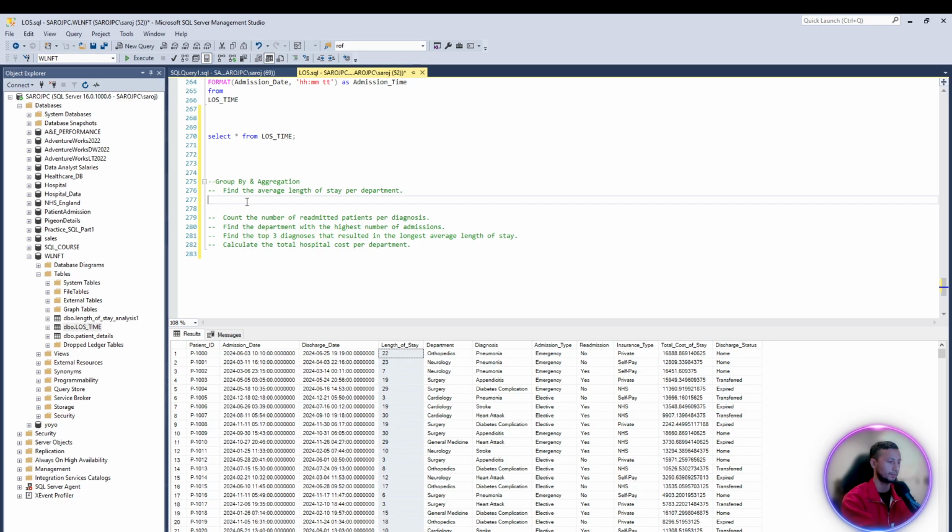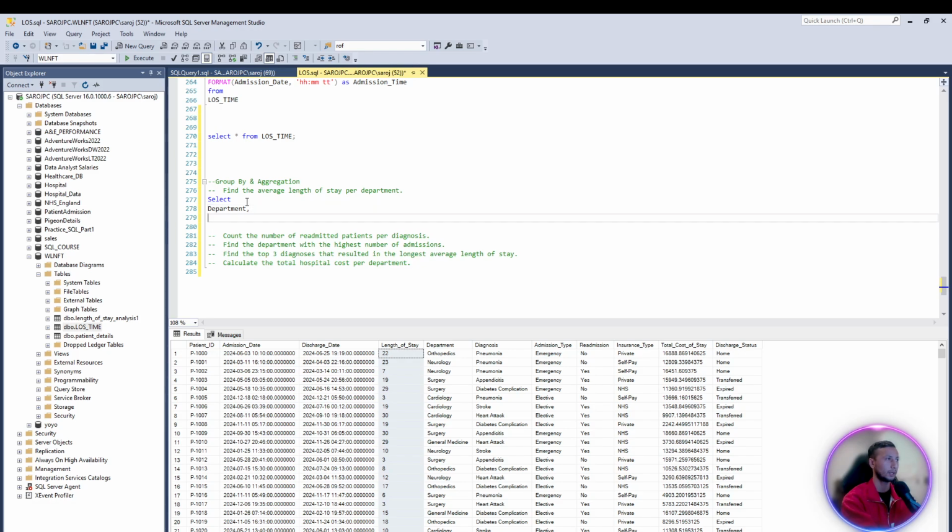First of all, select. In our query, we need the department, and then we have to look for the average length of stay, right? This is AVG, which means average, an aggregate function.